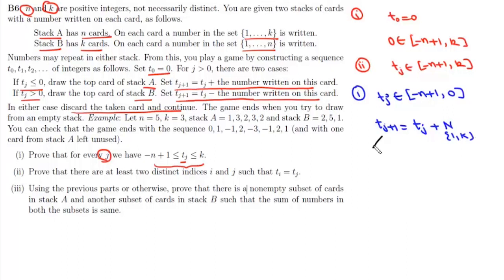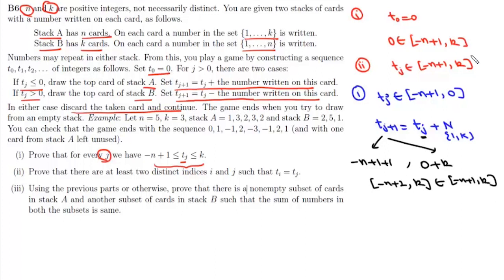Now the smallest value of tj plus 1 is when tj is smallest, minus n plus 1, and the smallest card, which is plus 1, and its maximum value is 0 plus k. So this tj plus 1 will lie in minus n plus 2 and k, which lies in minus n plus 1 and k, which proves our result.